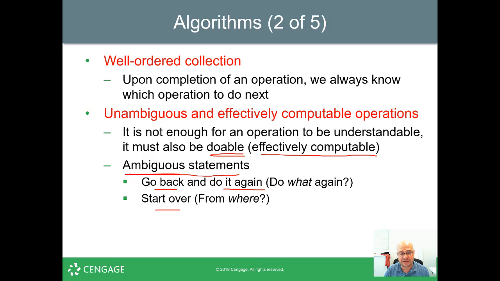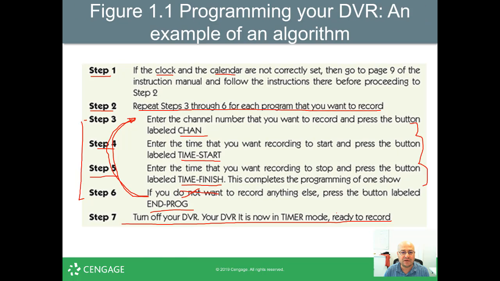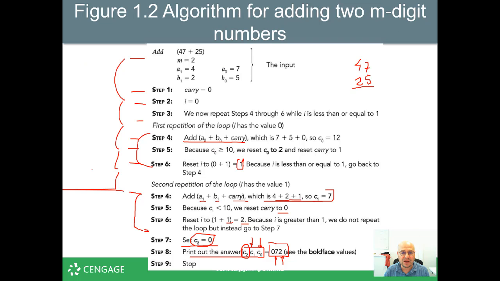So these are examples of ambiguous statements. If in your loop, you should say exactly at which point you should go back. So let's get our algorithm again. Here, repeat steps 4 through 6. It doesn't work if you just say, oh, repeat until you get the results. No, repeat what? You should be specific.